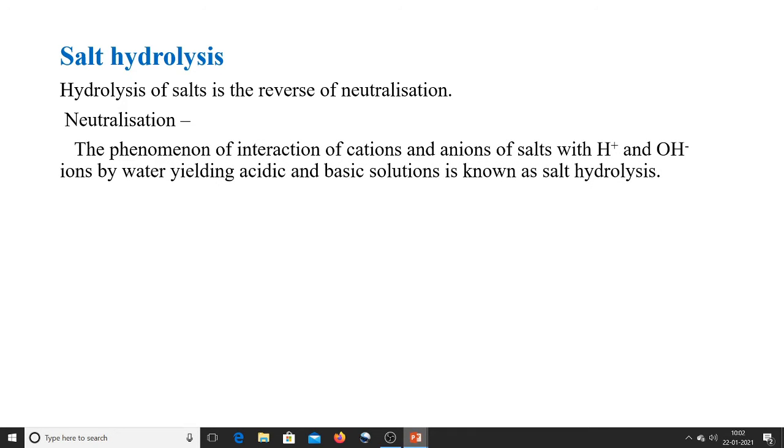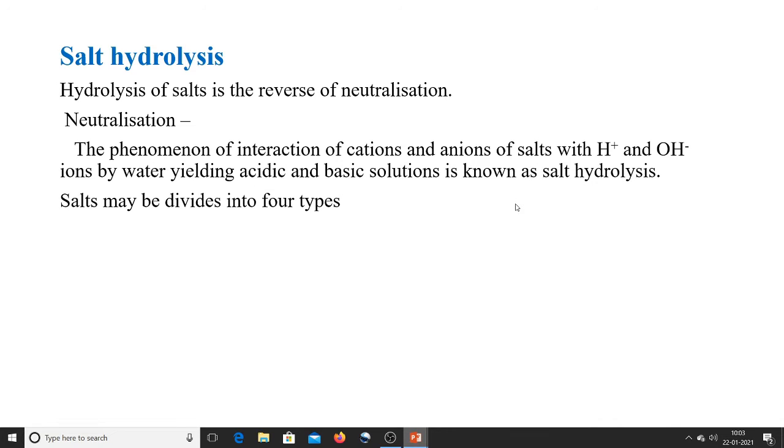But in salt hydrolysis, the formation of acid and base in presence of water. So we can say that the phenomena of interaction of cations and anions of salts with H plus and OH minus ions formed by water and to the formation of acidic and basic solution, so is known as salt hydrolysis.